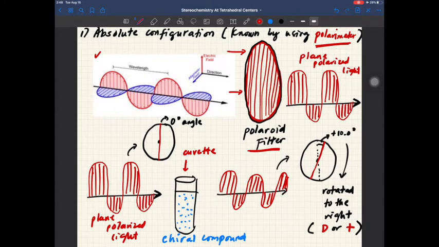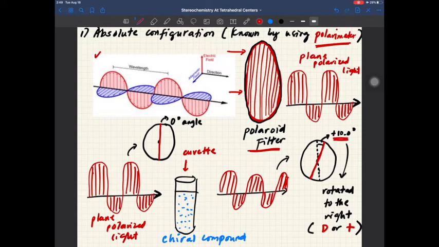So initially, your plane polarized light is vertically oriented, therefore it has a 0-degree angle. Upon bombardment with your chiral compound, it is being rotated to a certain degree. Initially it was oriented vertically, but upon bombardment, it is being rotated in this direction, towards the right or clockwise direction.